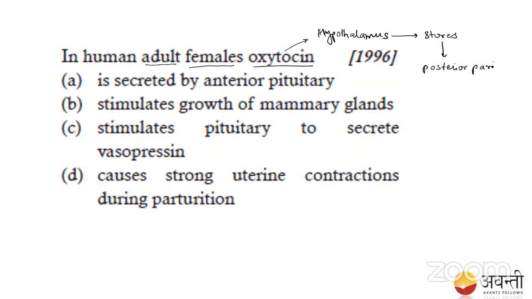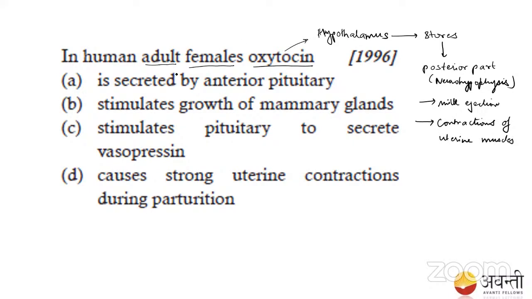Do you remember the pituitary gland has two parts, the anterior and the posterior, and the posterior part is known as neurohypophysis. This oxytocin performs two functions. Number one is milk ejection, and the second is contraction of the uterine muscles.